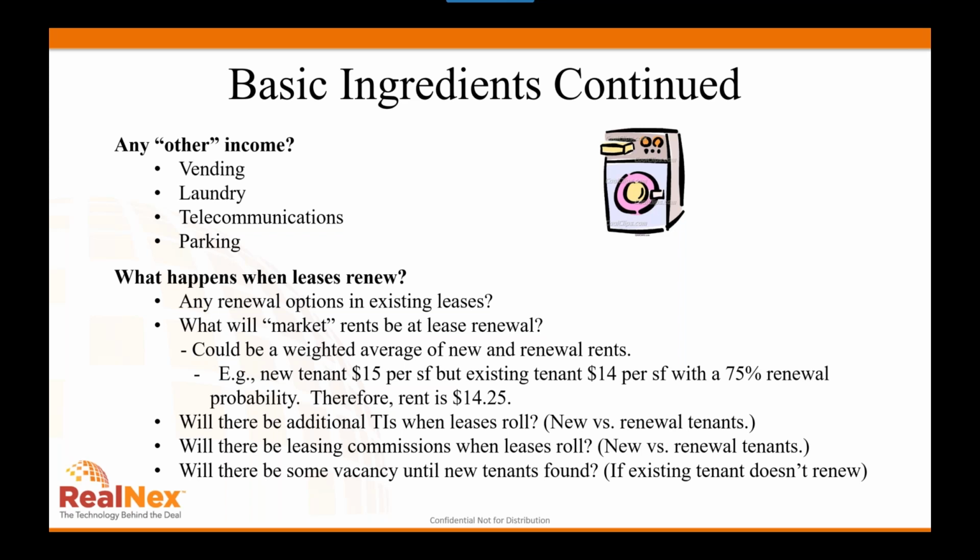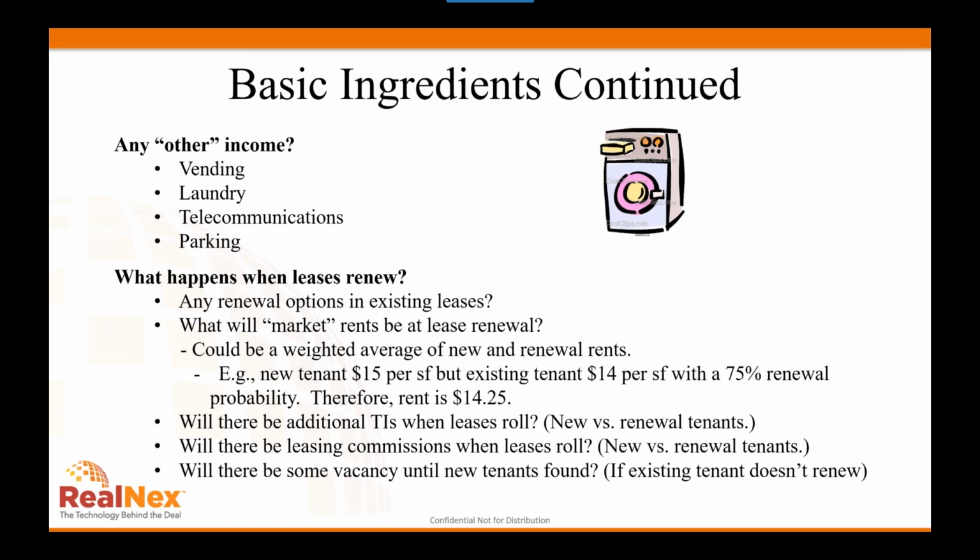So will there be additional TIs when the leases roll? Again, we have to take into consideration that there may be a renewal or it may be a new tenant. So again, that's usually done as a weighted average. We usually put in what the TIs would be for a new tenant versus a renewal tenant. Same idea with leasing commissions, and then same idea with vacancy.